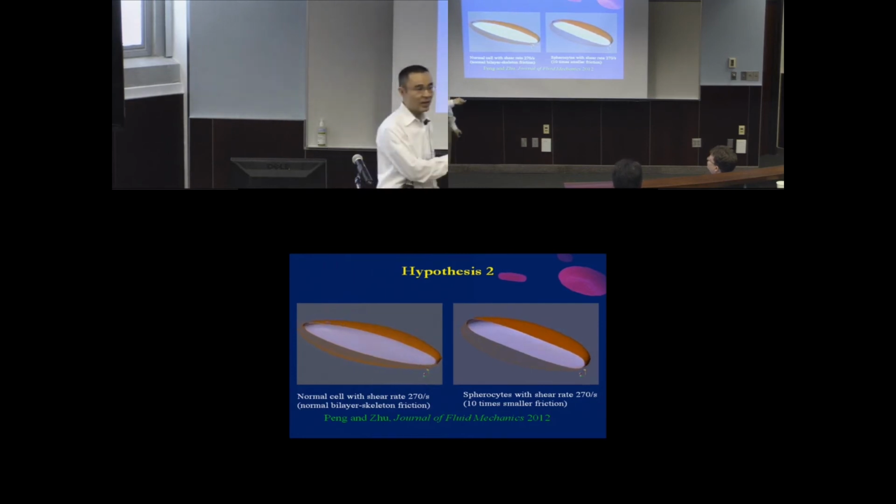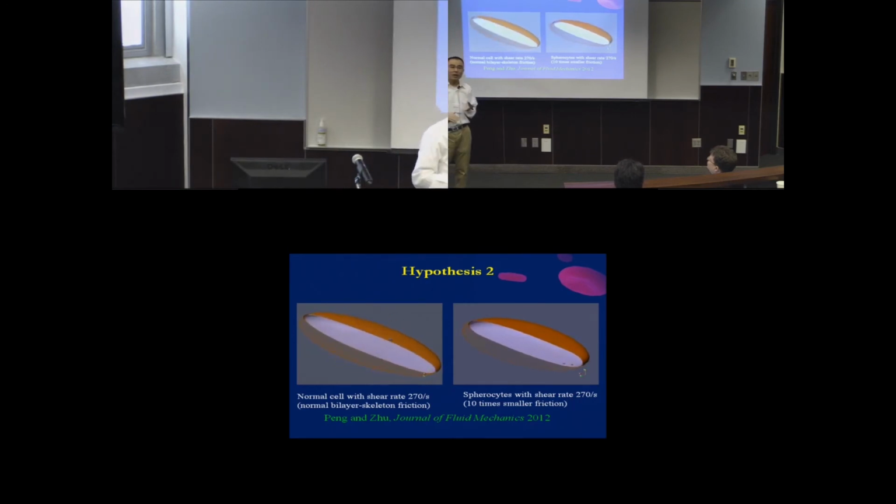However, in spherocytosis, people find that the band 3 density is only 10% of the healthy cell. What causes the friction between the lipid bilayer and the cytoskeleton? We can imagine when the bilayer-skeleton starts sliding, the skeleton's transmembrane protein is inside the lipid bilayer. The lipid bilayer is a liquid. Then it's a kind of drag on this protein moving in the lipid bilayer.